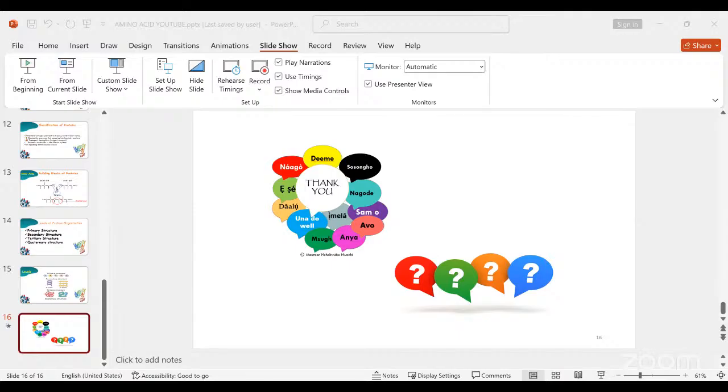If you don't see any of these polar functional groups attached to them, it means they are hydrophobic. Lina, do you understand what I just said?